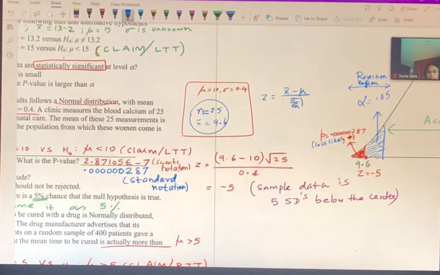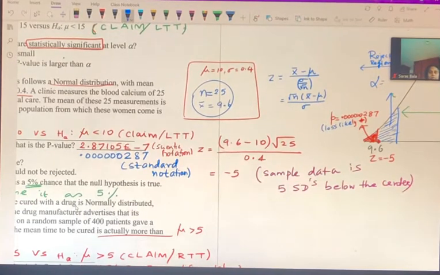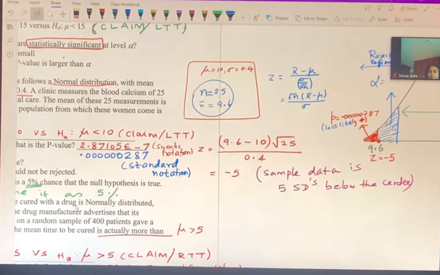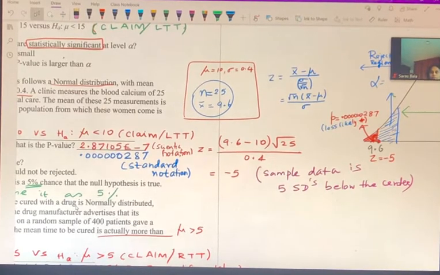This is the application of the central limit theorem, or I can also write it as x bar minus mu multiplied by square root of n over sigma. So this is the z-score. I'm plugging in x bar 9.6 minus 10 times the square root of 25 over sigma, which is 0.4. So my z-score value is negative 5.